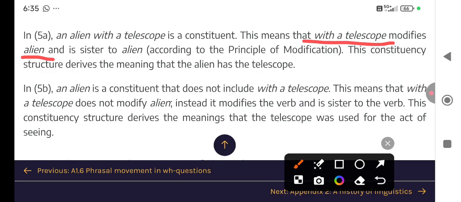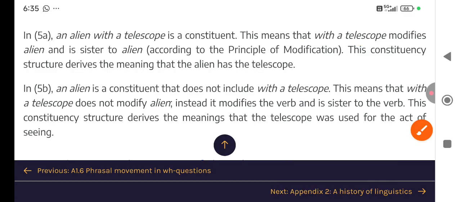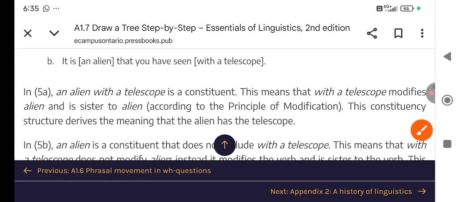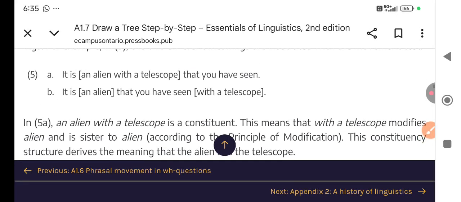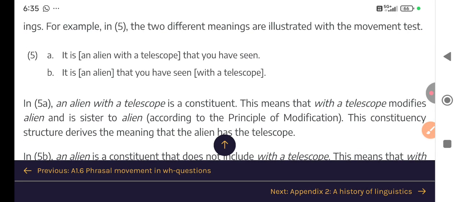This constituency structure derives the meaning that the alien has the telescope. So in 5A, with a telescope is sister to alien: it is an alien with a telescope that you have seen.